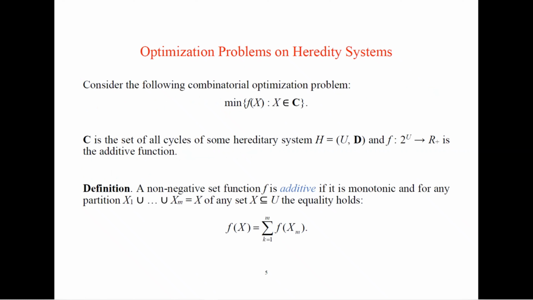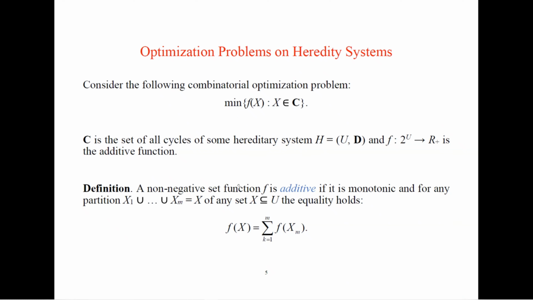So this object is closely related to optimization problems. There are a lot of instances of optimization problems, but I want to consider the following. The goal is to find some circuit in some hereditary system which minimizes some additive function. An additive function is a non-negative set function f that is monotonic, and for any partition of any set, this equality holds.